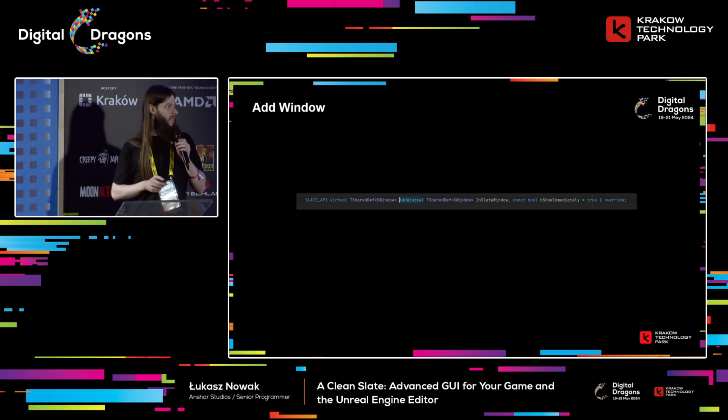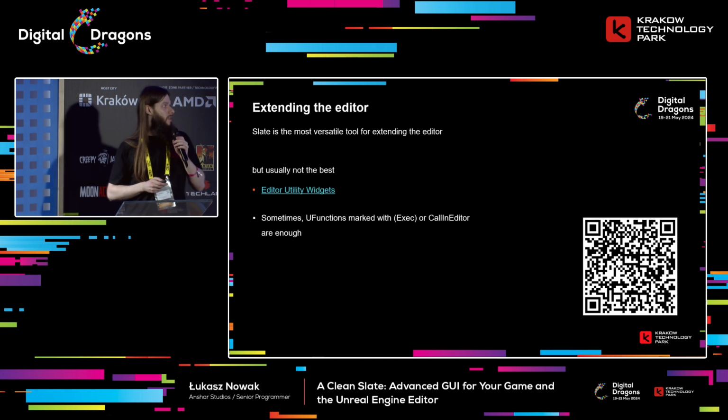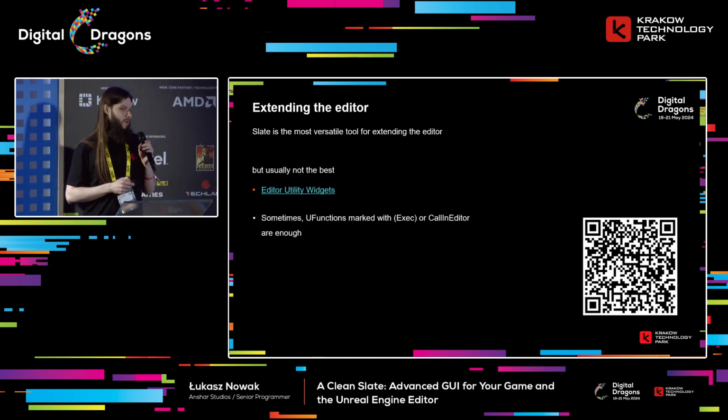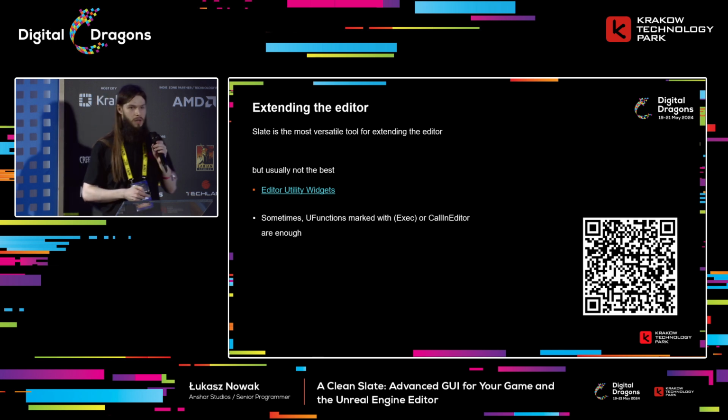Okay, why do I even talk about it? Because when you extend the editor, most of the time there's this cool feature called editor utility widgets. You have a QR code to the documentation link here.